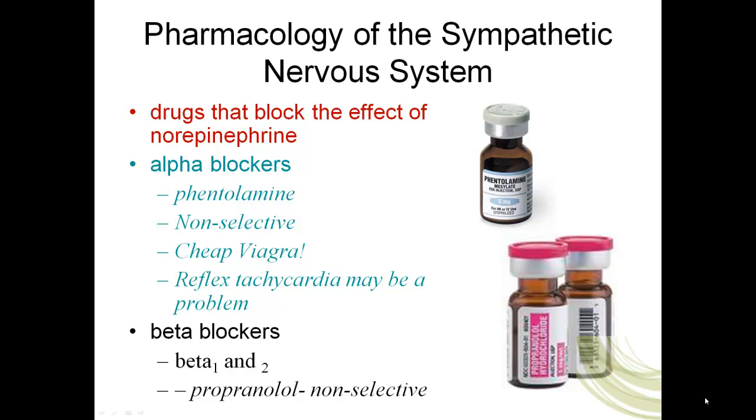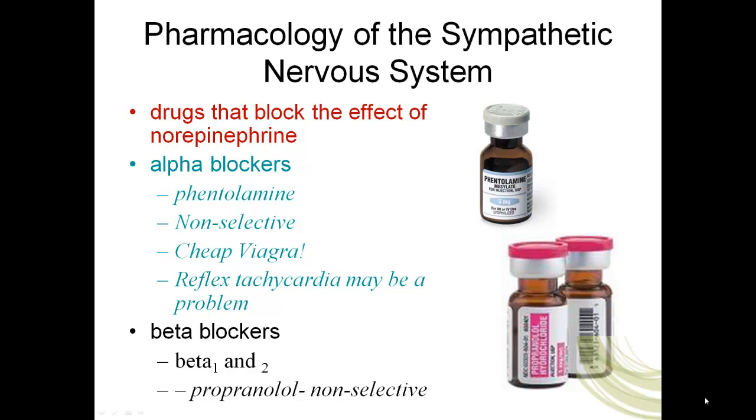It's non-selective, so the side effect was, yes, profound vasodilation, which helped with the erection, but also can lead to low blood pressure. And in patients who overdose on phentolamine, there can be a reflex arc that I'm going to teach you about in Unit 3, which leads to an elevated heart rate. And that can be very dangerous for people who have underlying heart conditions.